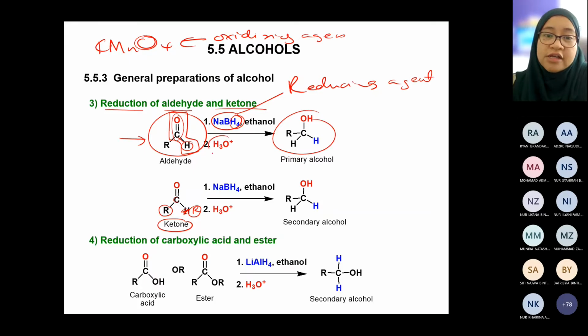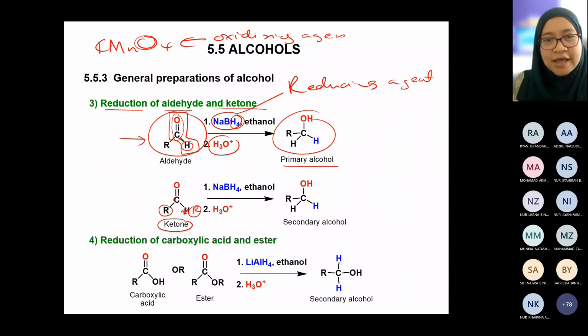Then you should have H3O+ as well. When the aldehyde is reduced, it will form primary alcohol. This is a bit more towards memorization, guys, because teaching the mechanism would be too overwhelming. So the only option is for you to memorize. Aldehyde undergoes reduction. What is the reducing agent?